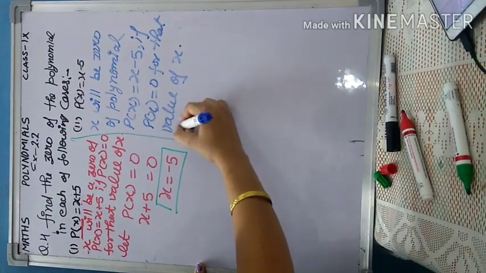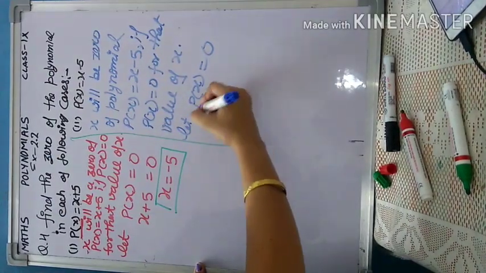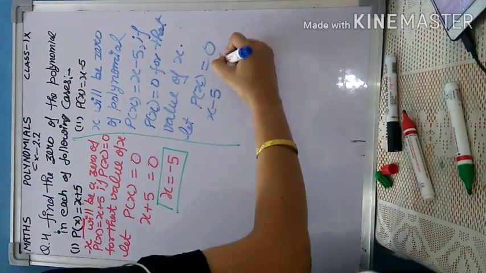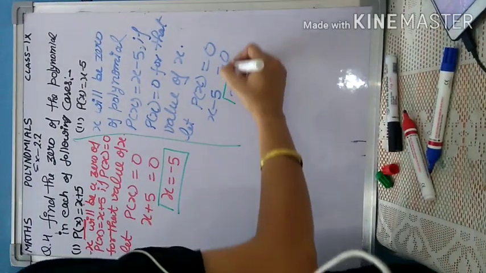So here let p(x) = 0. Simply that means x - 5 = 0. So what is the value of x we have found? x = 5.